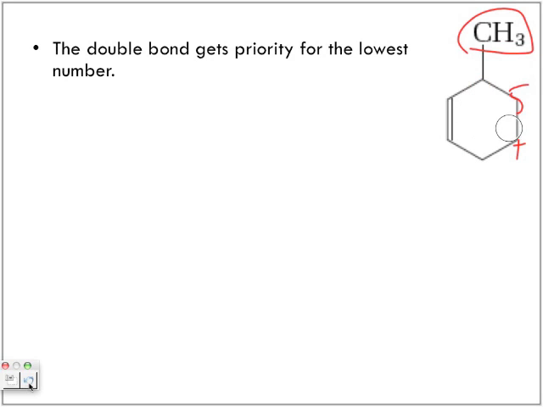So let's try numbering it the other way. We are going to number this as the number 1 carbon. We're going to number this as number 2, because the 1 and 2 have to be between the double bond, which will make that the number 3 carbon. So we know we've got a hexane group, but because it's a double bond, it's got to be a hexene group. It's a hexene group, but it's cyclical in nature.